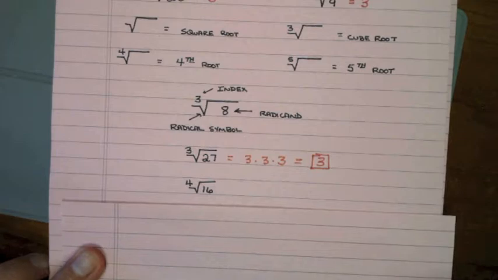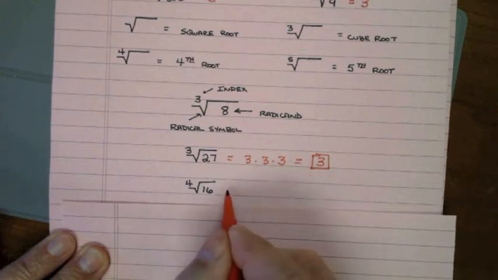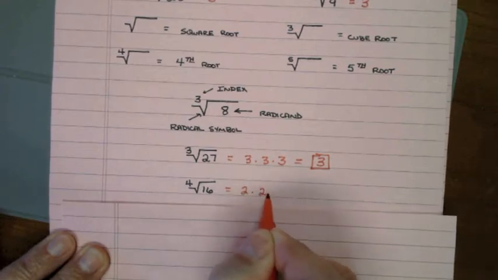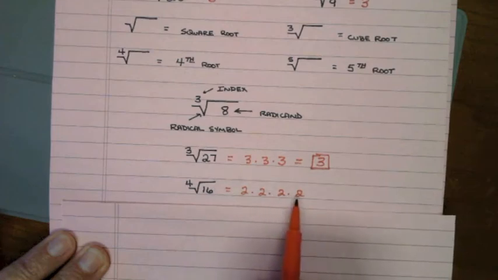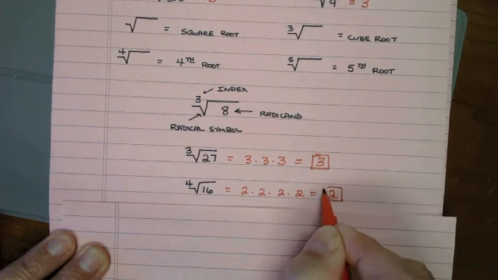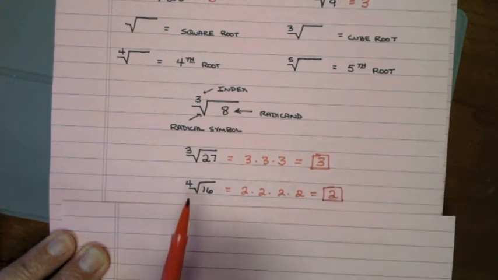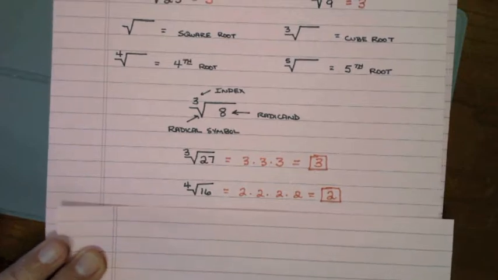The 4th root of 16. I need to find four numbers that are exactly the same that when I multiply them together, I get 16. 2 times 2 times 2 times 2. 2 times 2 is 4, 2 times 2 is 4, and 4 times 4 is 16. So my answer on this is 2. The 4th root of 16 is 2.